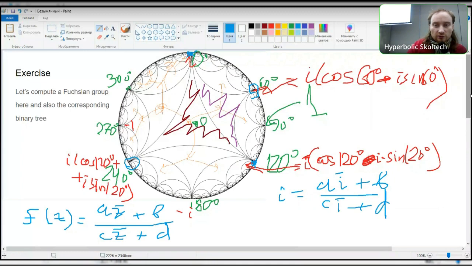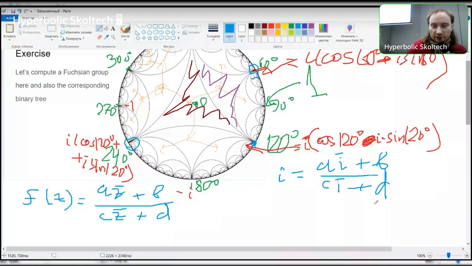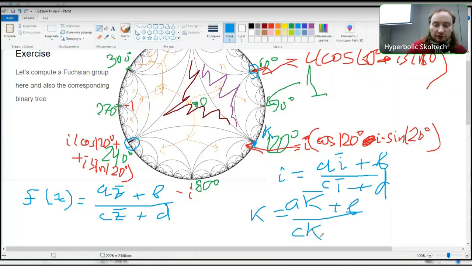This thing, actually, I didn't compute it, but let me just denote it as a point. Tell me the letter. Okay, this will be k. So k is a k bar plus b divided by c k bar plus d, right?